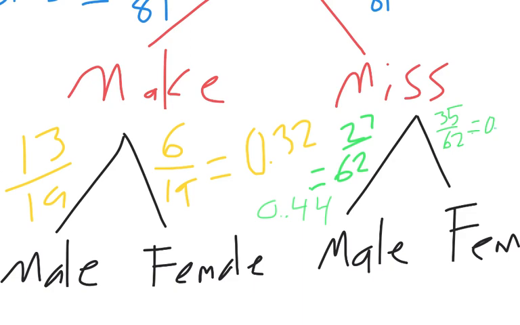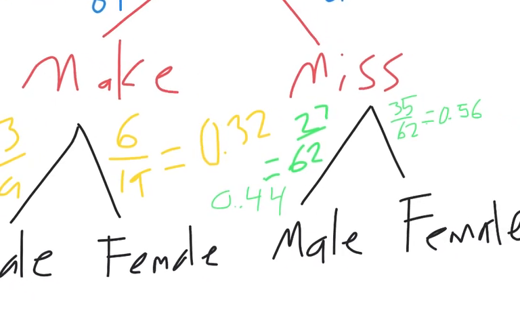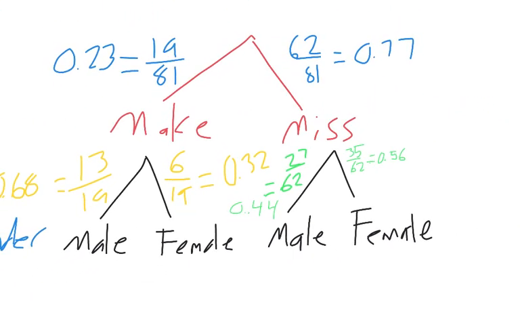Any questions on the tree diagram, where that comes from? Anybody? So the big key here, what makes them different? These events were not equally likely to occur.